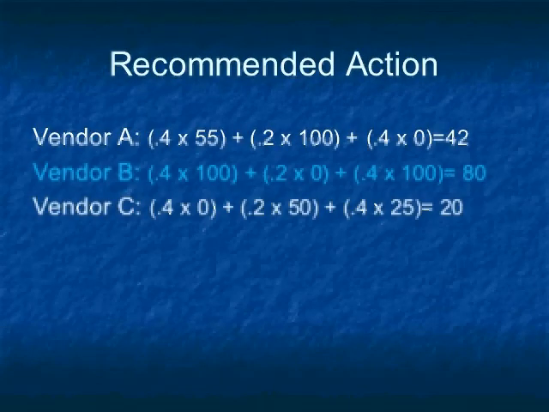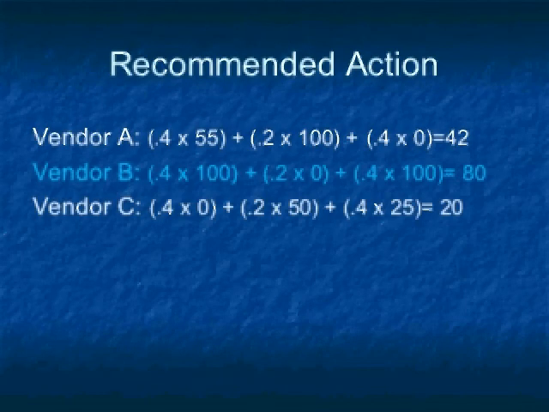These calculations help us to determine which hypothetical vendor to select. The overall score for each vendor is calculated by the weighted sum of the ratings. For example, for vendor B, the weight of ease of use, 0.4, is multiplied by the rating of 100.